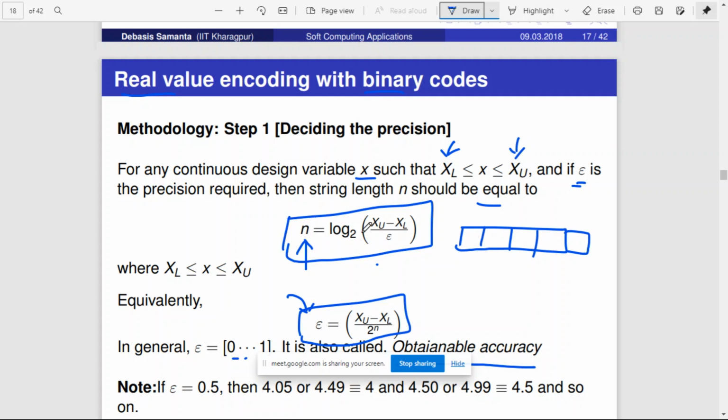When you convert it to a binary value, using how many bits it can be represented. Okay. What is xl and xu? That is, x can take value only between these ranges. What is epsilon? What values can it take? Any value between 0 to 1. Okay.